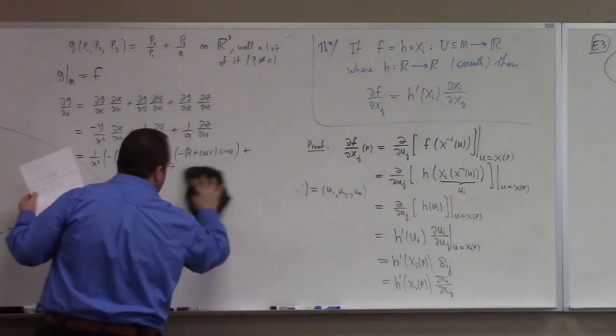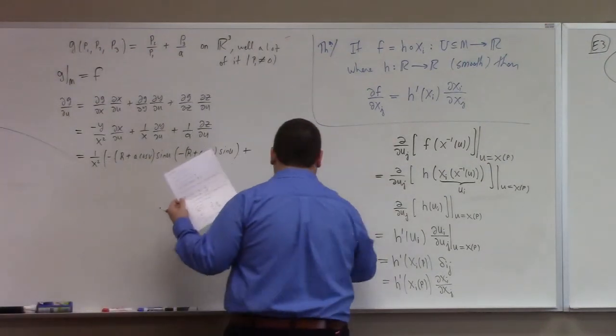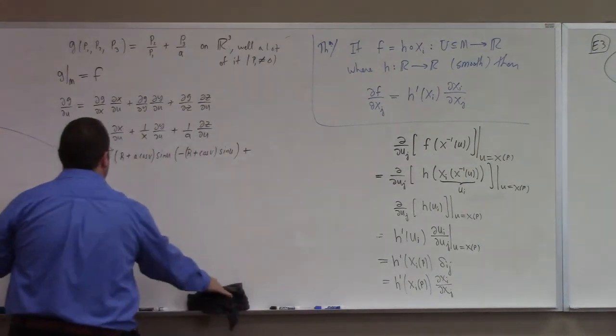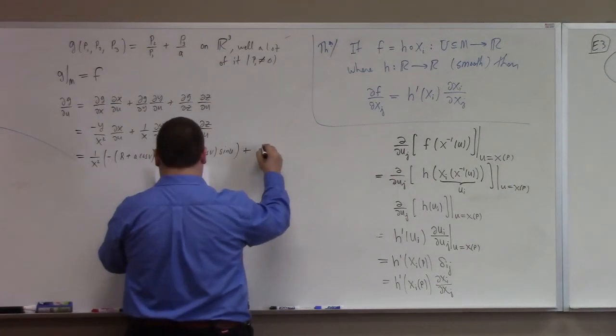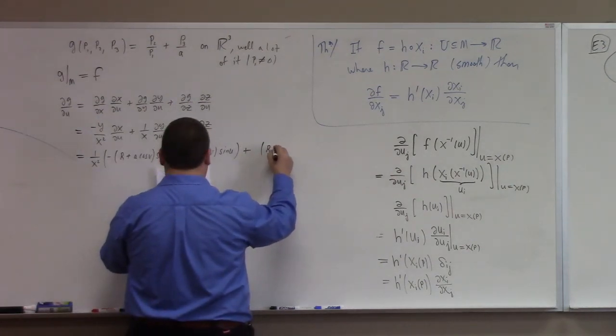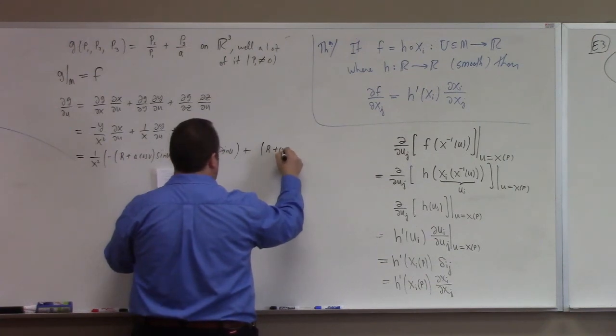Let me get this mess out of the way. And then the other pieces is the x, I have r. I multiplied and divided by x to get my x squared out front, right?